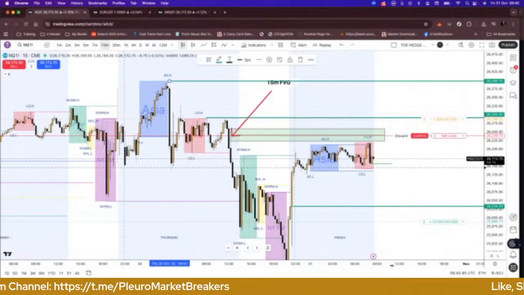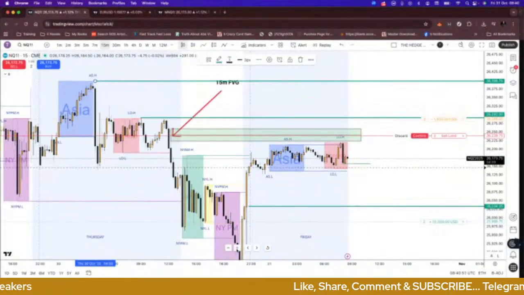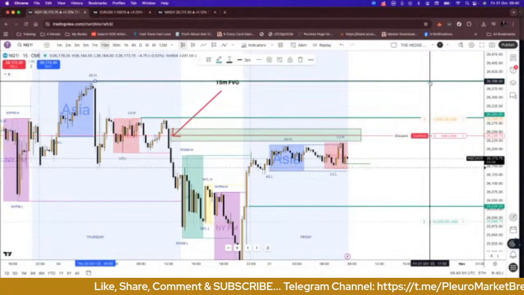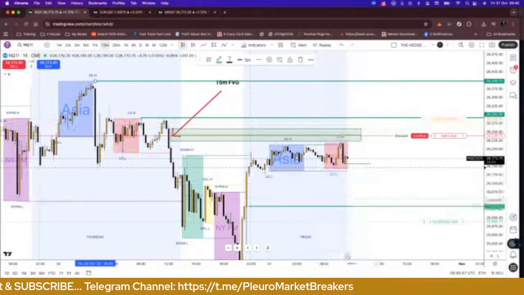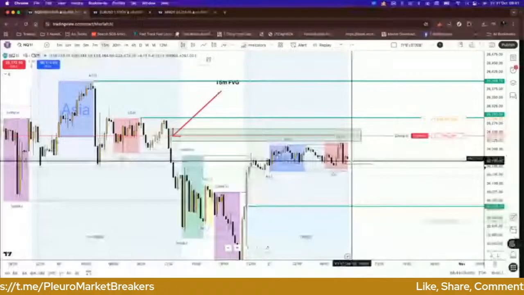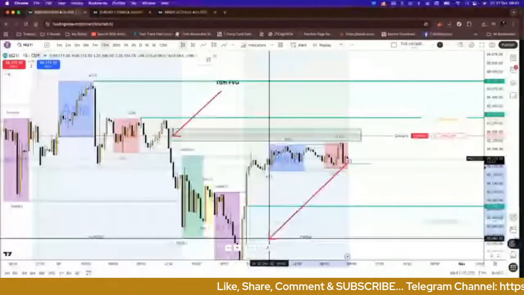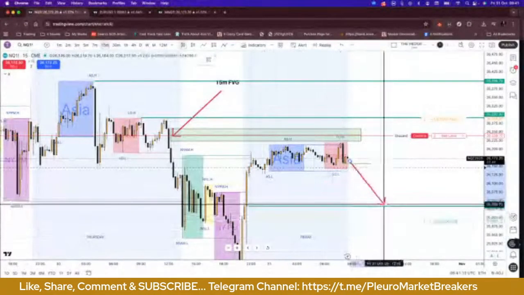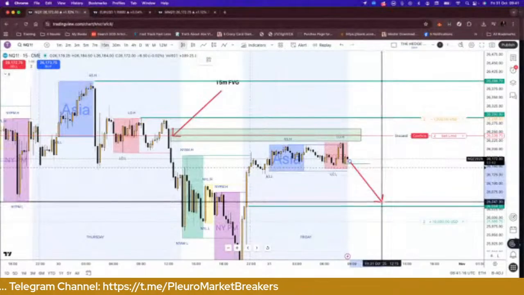But I am of the opinion, not so silly me, that if we're trying to get here, if I'm a market maker and I'm trying to get here, I think the most effective means is to tap into here, or maybe further, maybe much further, right? But at least here.